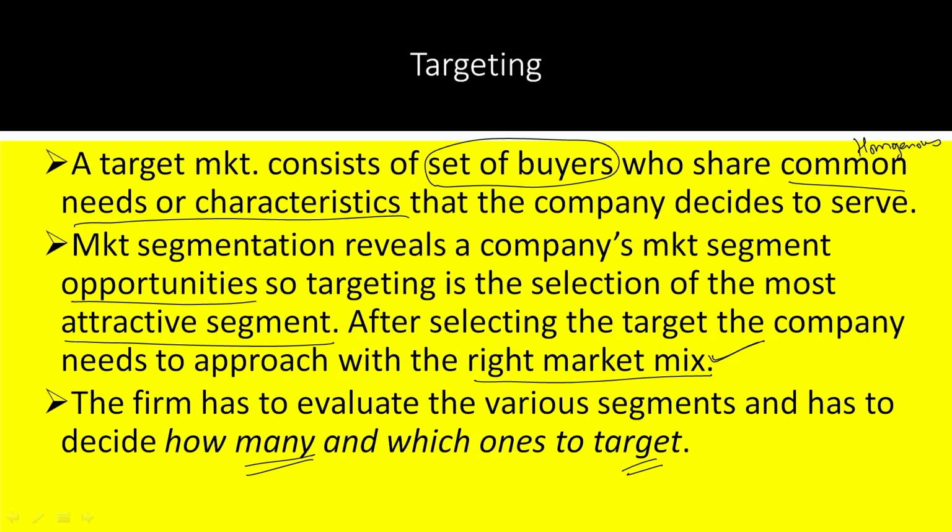All those big companies, like the example of ITHC I gave you just now, keep on targeting multiple segments. The company can select maybe 5 to 10 segments also, but on the basis of its resources it should decide how many it wants to target and which ones.